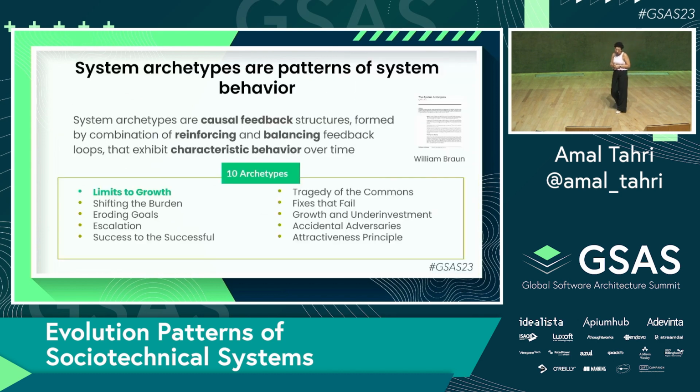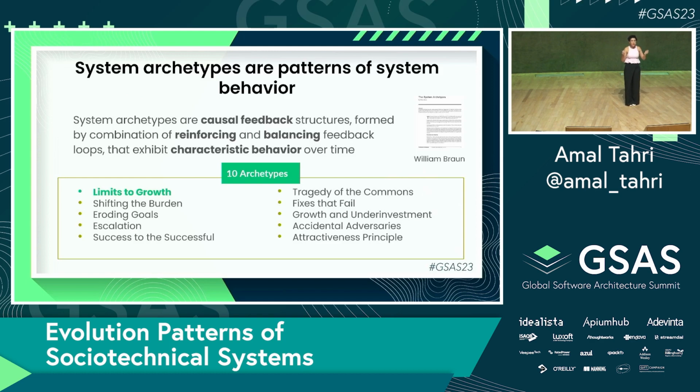And when talking about names, I'm going to use the research work that has been done by William Braun about patterns and system archetypes. System archetypes are used to describe the behavior of a system. And to do that, he's using feedback loops.